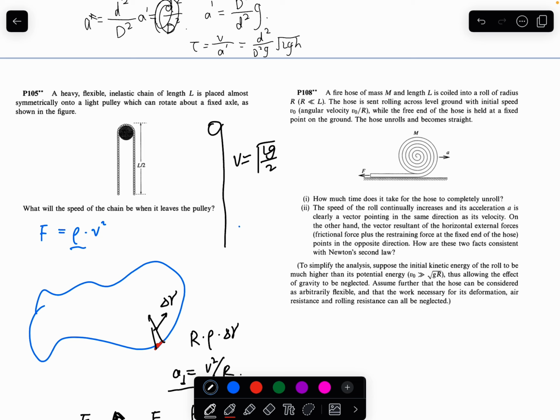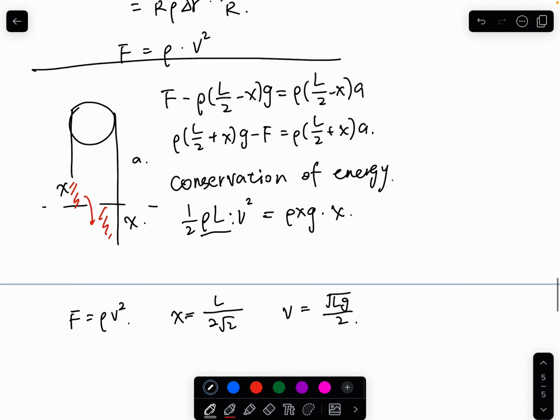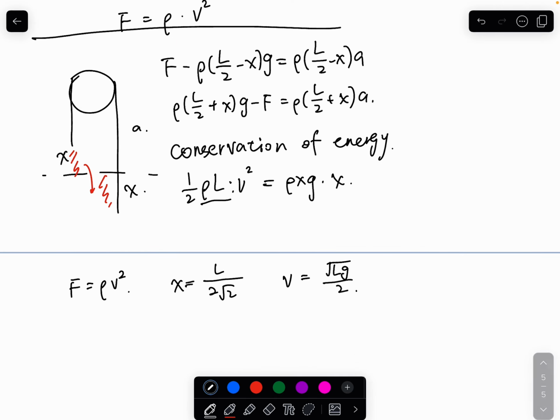And you can also find in real life that it will never become something like this. You must know that the left part of it will go upwards because the force is too big, right? Okay, and that's all for this question.